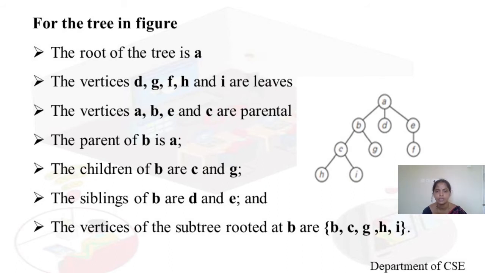If you take B as the root, the descendants, all the vertices which come under it, are C and G, and again C has 2 more children, H and I, which form a subtree for the tree T. So if you choose B as the root vertex, the subtree includes B, C, G, H and I.